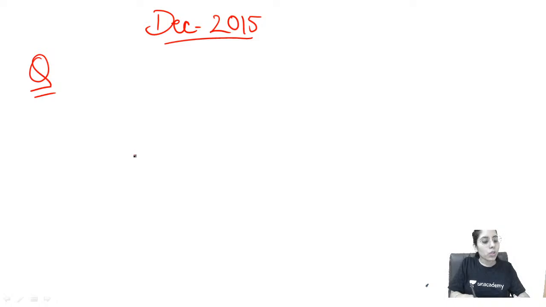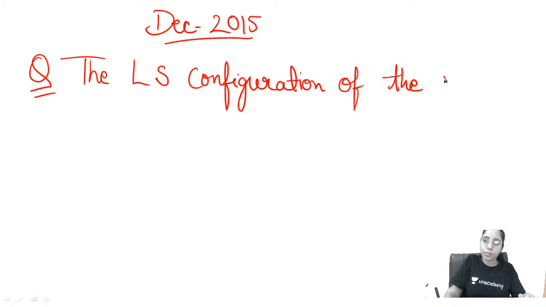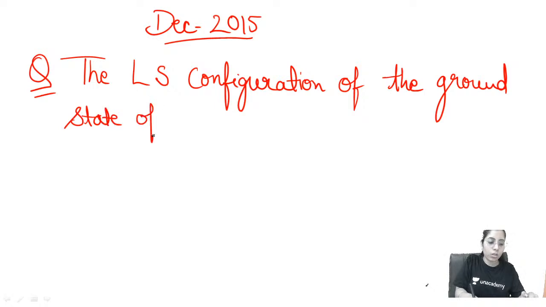Okay, the next question is the LS configuration of the ground state of magnesium, then you have aluminium.